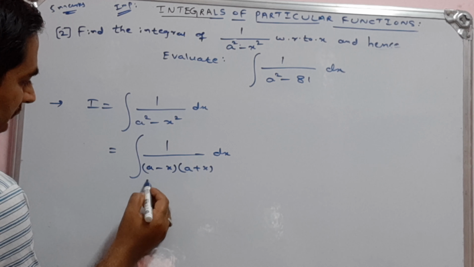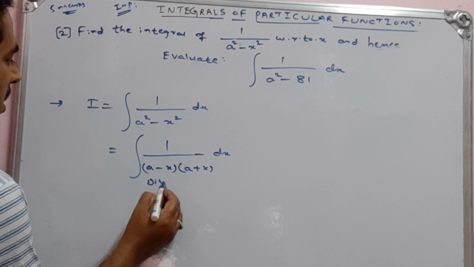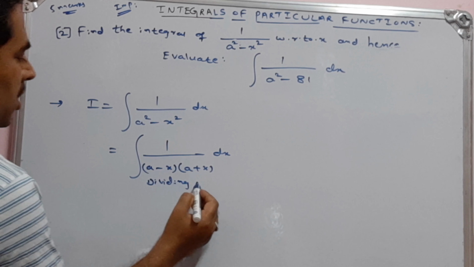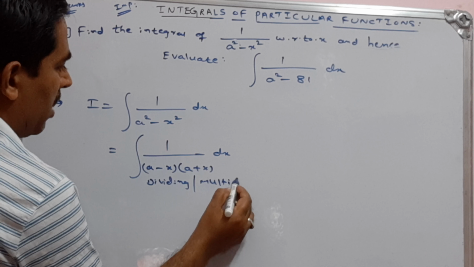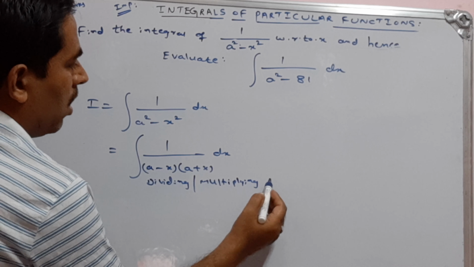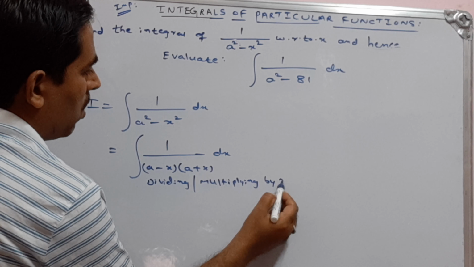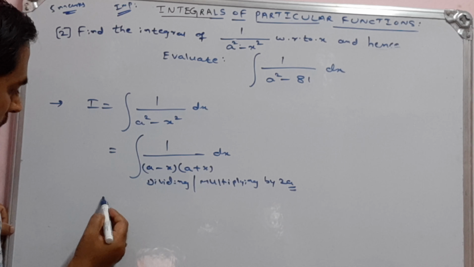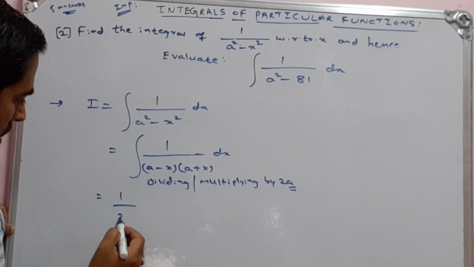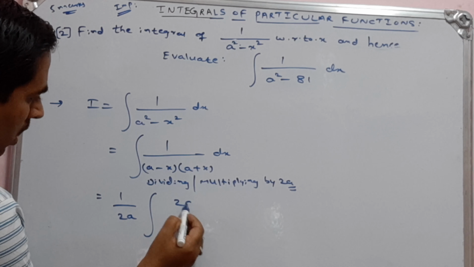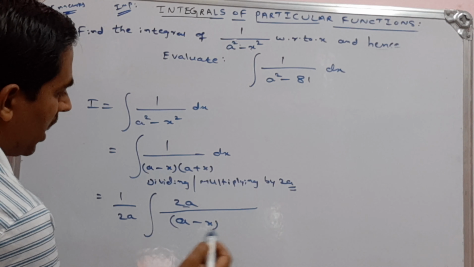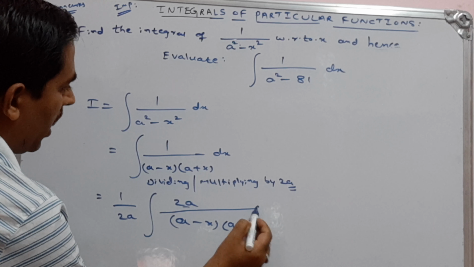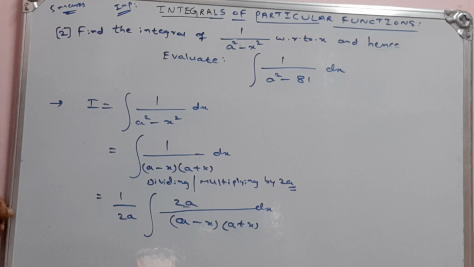Now the same steps, dividing and multiplying by 2a. 2a is a constant. So write 1 by 2a outside, then another 2a in the numerator divided by a minus x into a plus x as it is in the denominator.